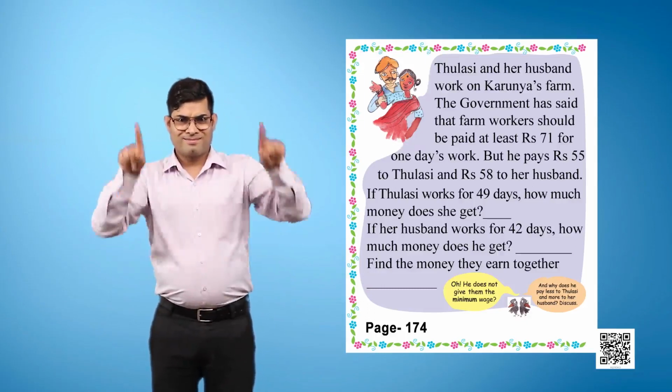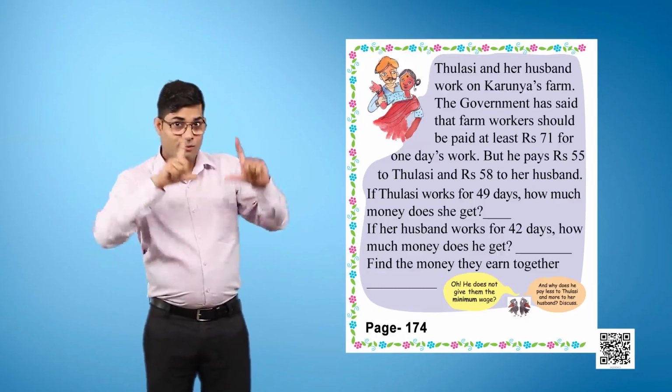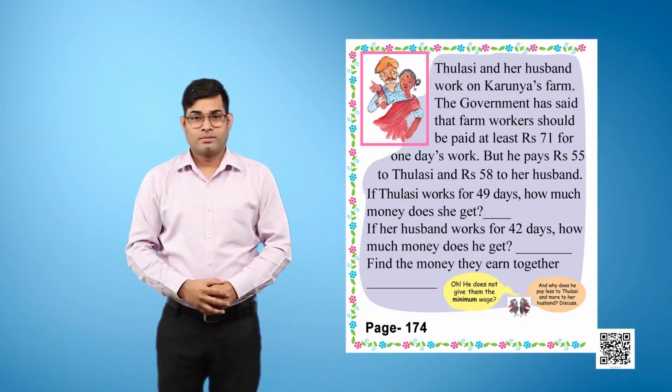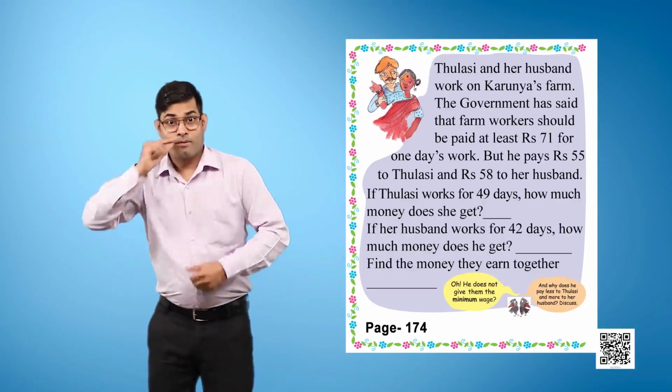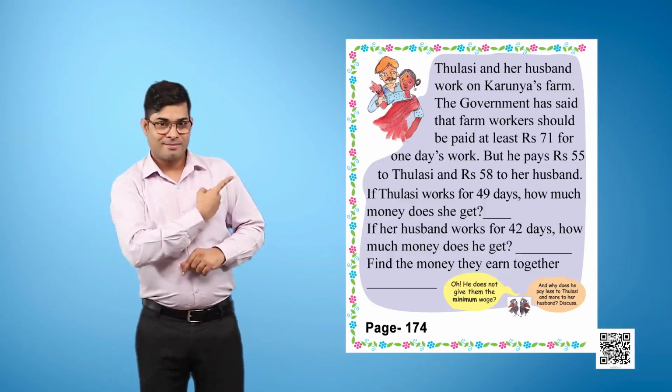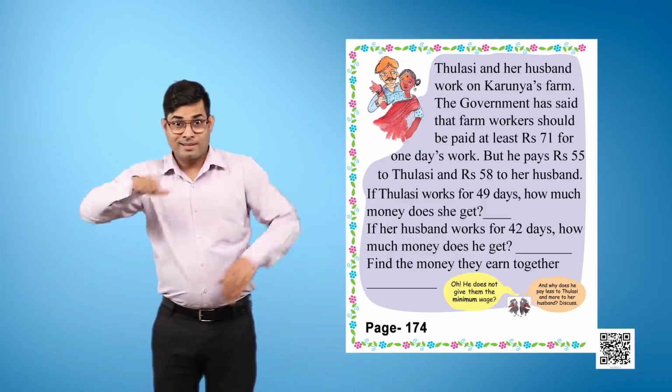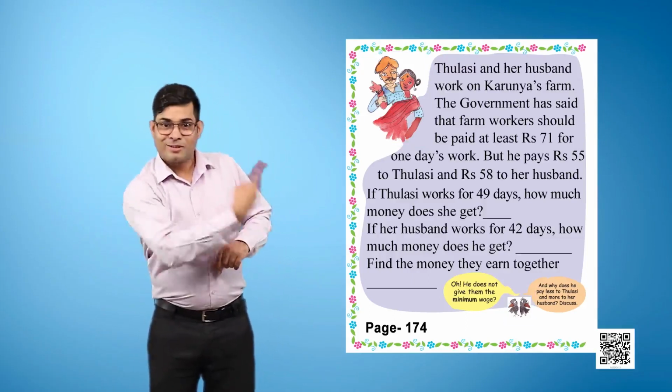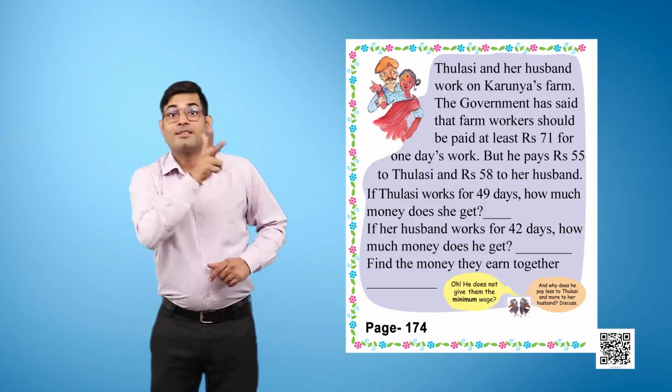We also see a picture of Tulsi and her husband on the left side of the page. A pair of birds is seen at the bottom of the page, asking us something.